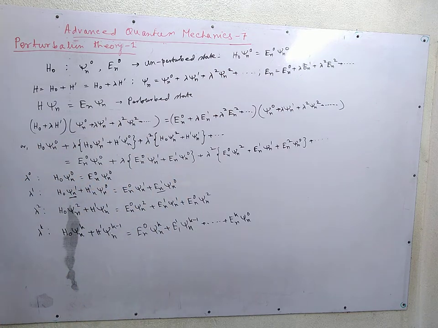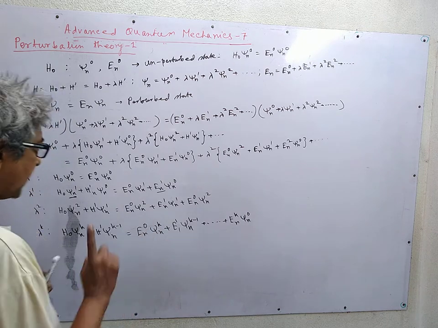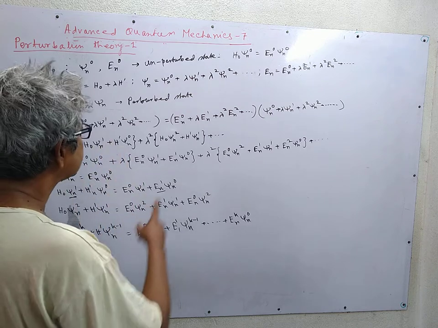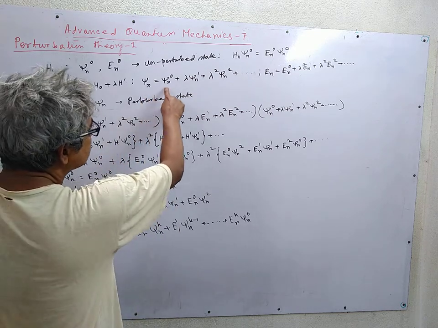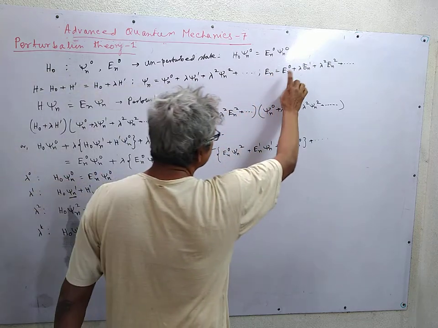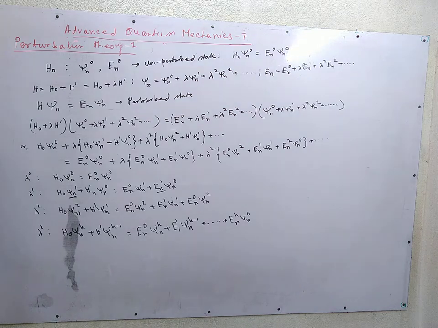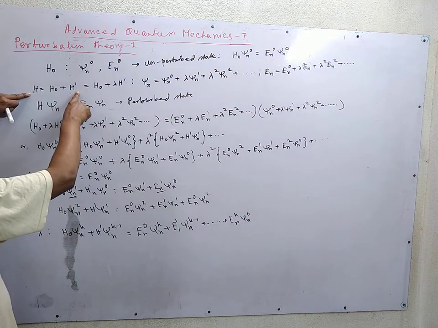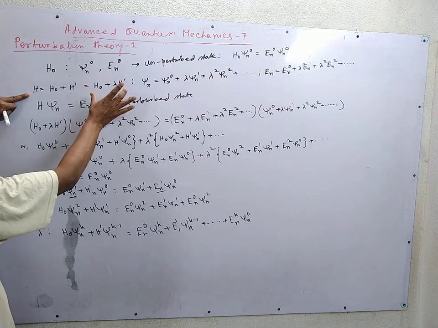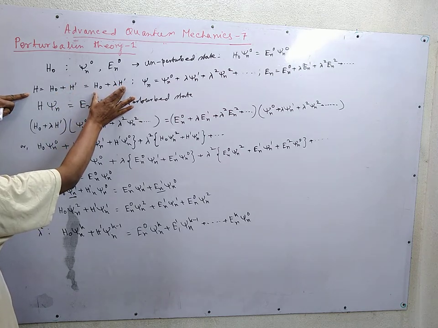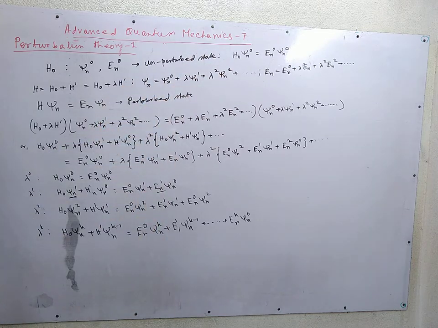So if we confine ourselves to the first order theory, then psi n will be this plus this, and energy will be this plus this, and this is valid for all values of lambda. We assume lambda to be 1 because our original Hamiltonian was H0 plus H prime, which we have written as H0 plus lambda H prime, so lambda has to be 1. So we can get the correction to the energy and the wave function.